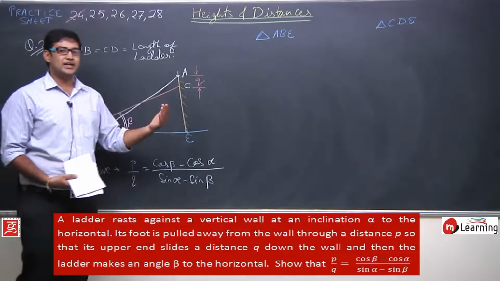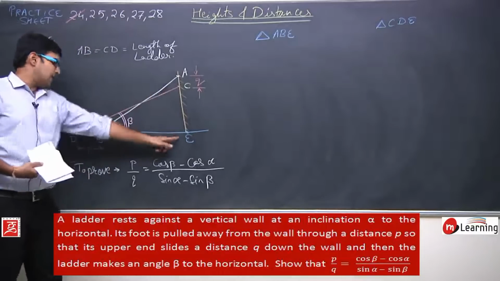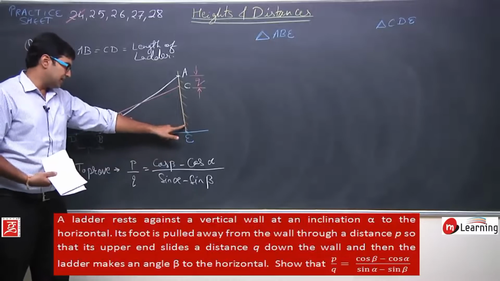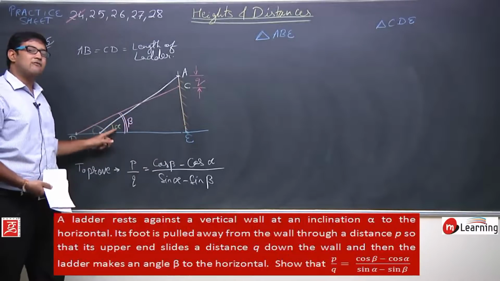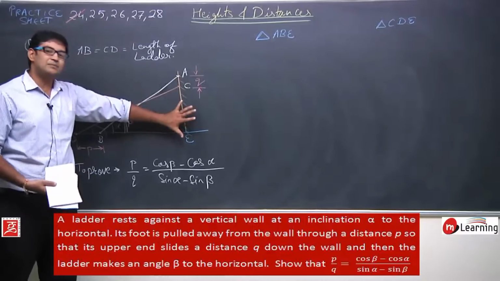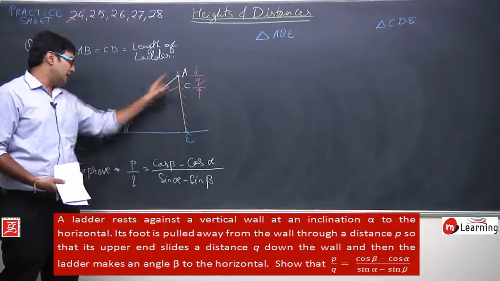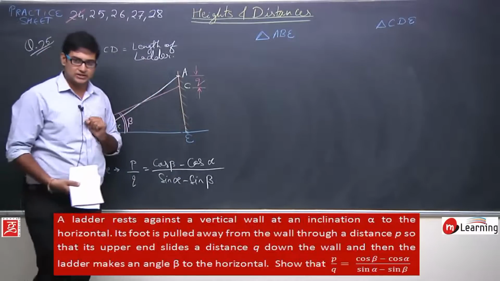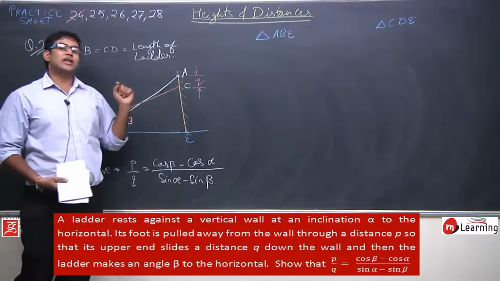Okay, I am repeating it again. In triangle ABE, if you observe, this angle is 90 degree. With respect to this alpha angle, AE represents the perpendicular, BE represents the base, and AB represents the hypotenuse.